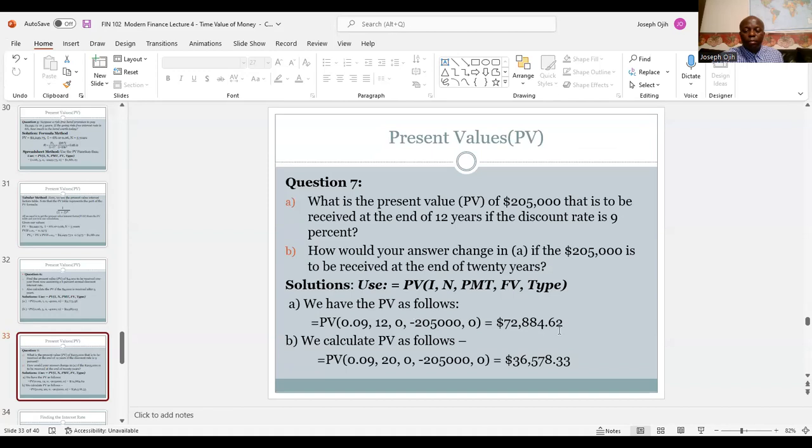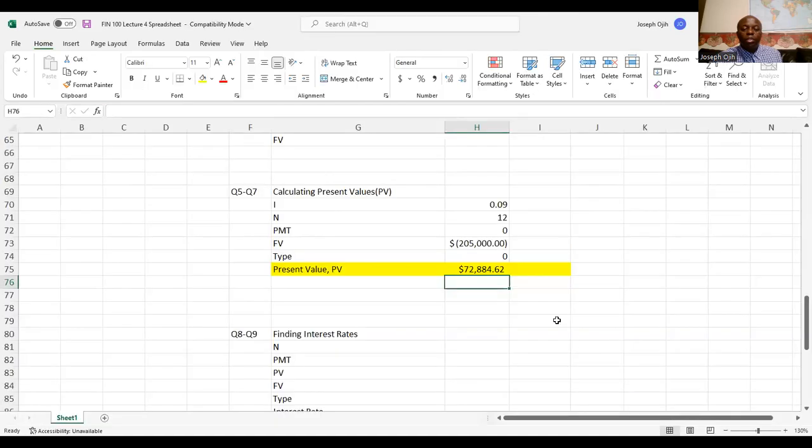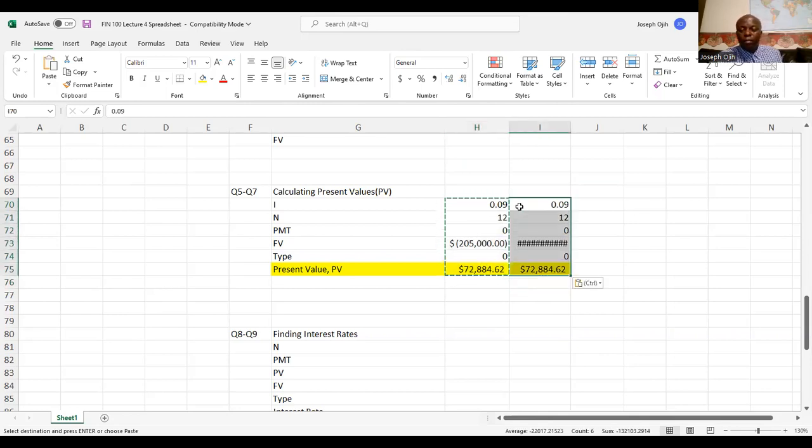Okay. Now, the second question says, how will your answer change in A if the $205,000 is to be received at the end of 20 years? So all you have to do is go back to your spreadsheet and replace this with 20 years. Instead of calculating it again, just copy it from here and paste it here.